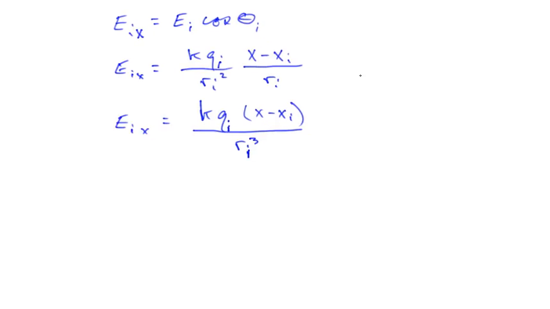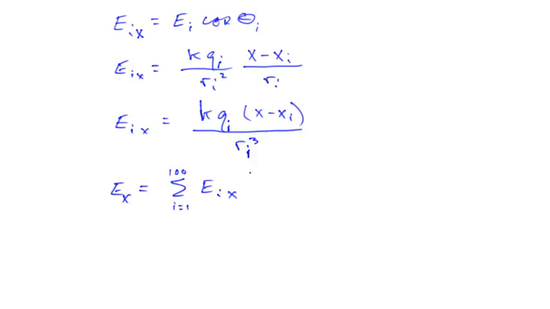And then E sub x is equal to the sum, I equals 1 to 100, of E sub I x. So the total x component of the electric field is the sum of all the individual x components.